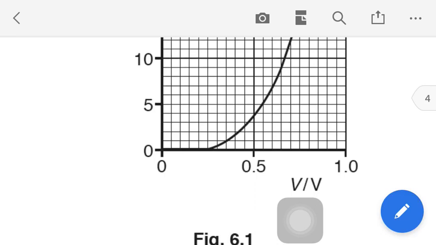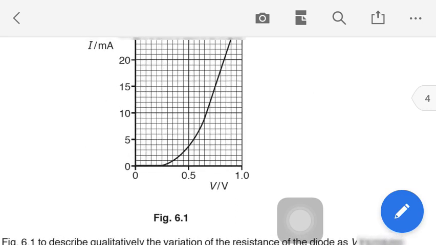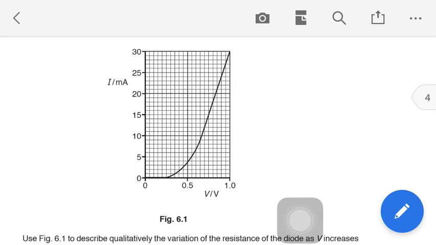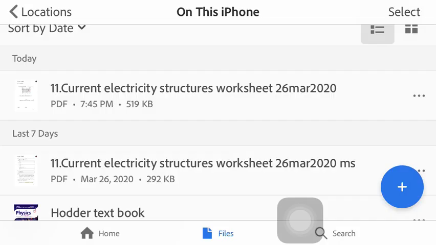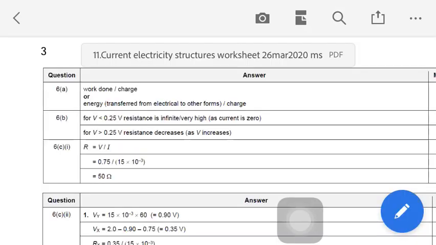And after that, you can see that the gradient is increasing, so resistance is decreasing rapidly. So those are the 2 points expected there.